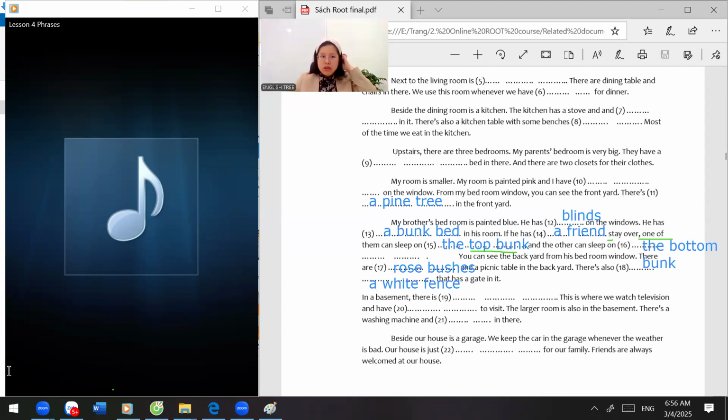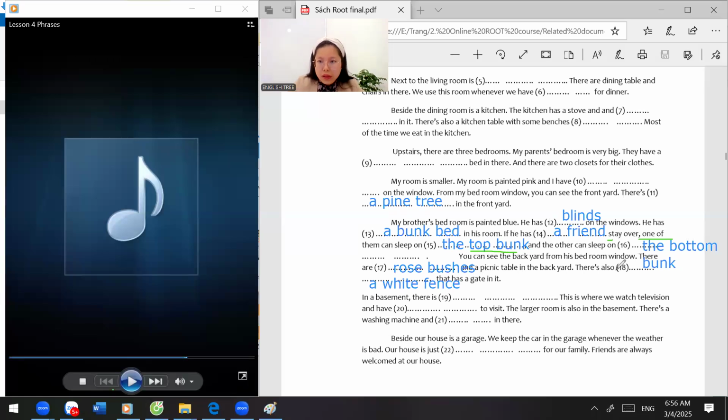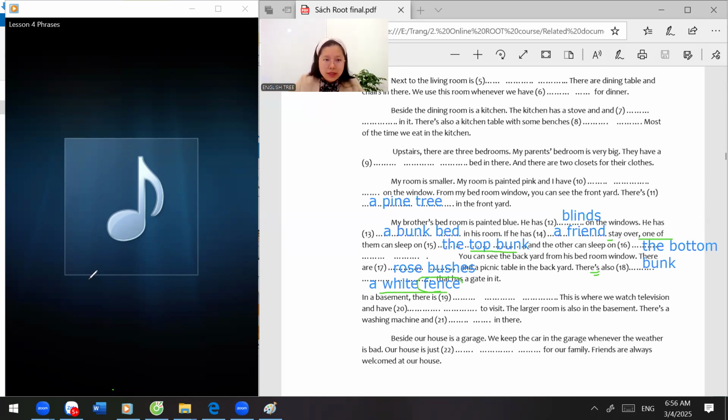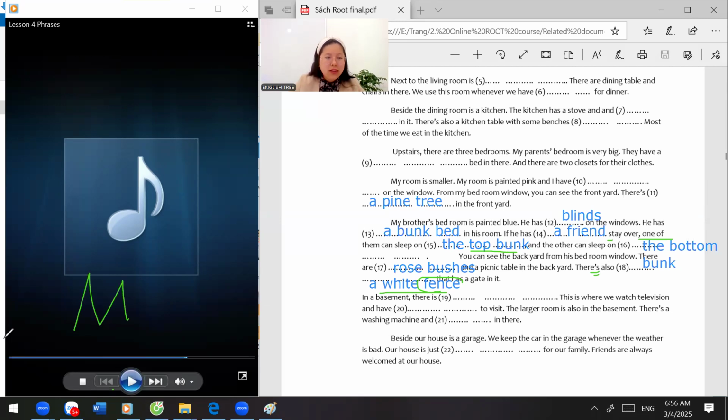There's also, so it means the verb here is only one. So referring to the white fence, only one fence. And this fence has a gate in it. So it's kind of like this, the fence here. And then in the middle of the fence, there's a gate to open. So that's why it said has a gate in it.